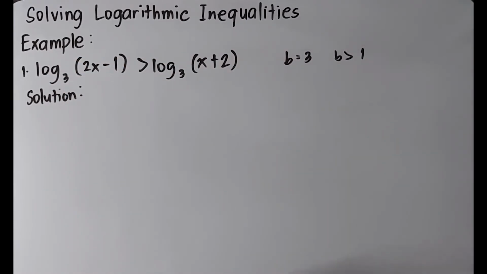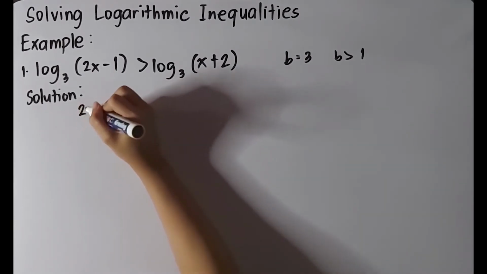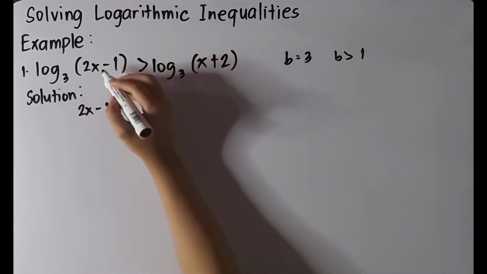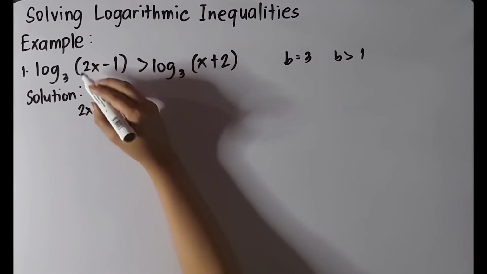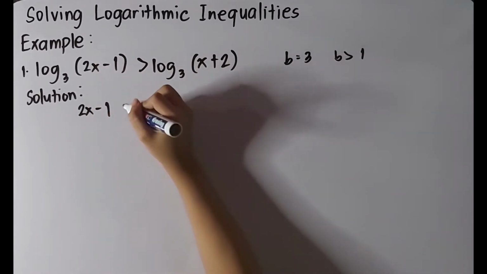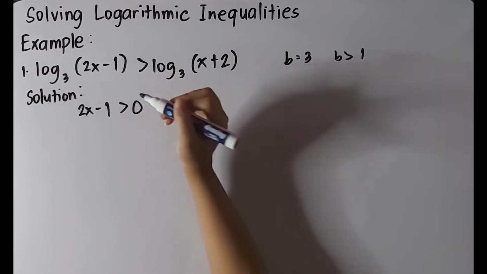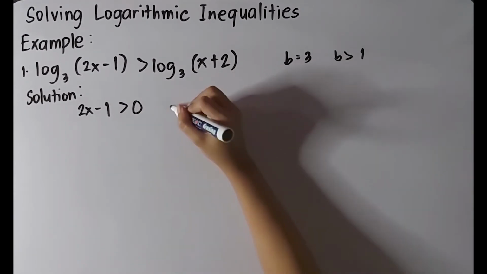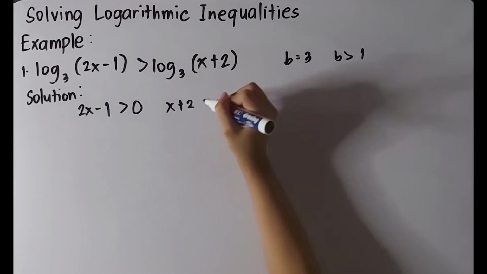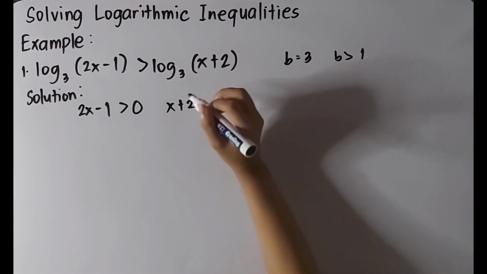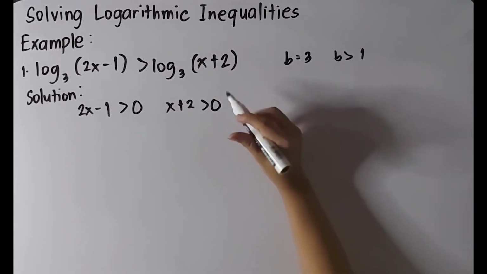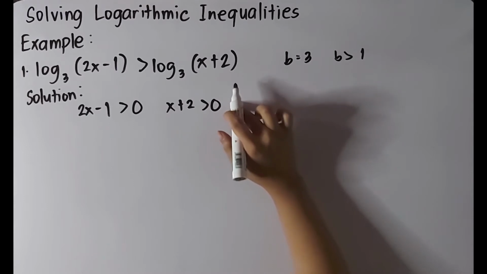How can we do that? The argument of our left side, 2x minus 1, should be greater than 0, and the argument of our right side, x plus 2, should also be greater than 0. This must be satisfied.